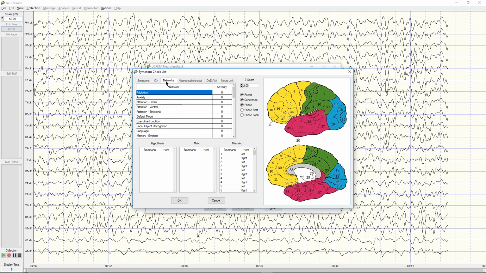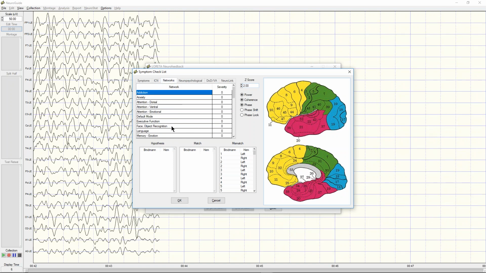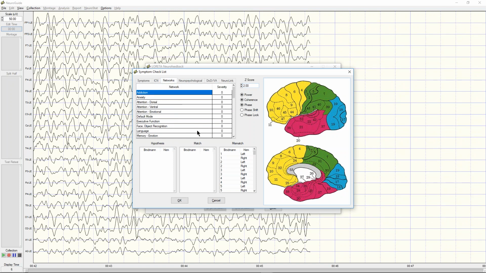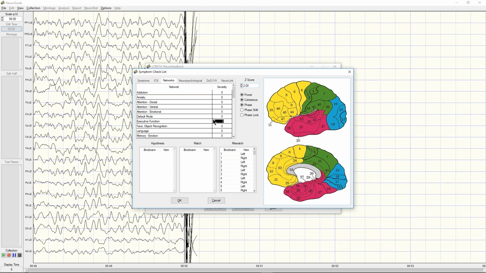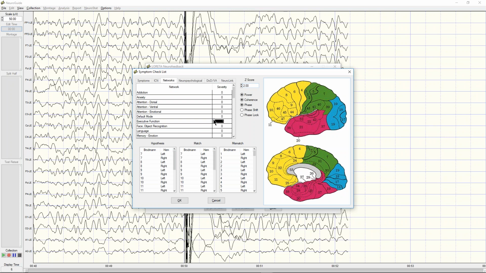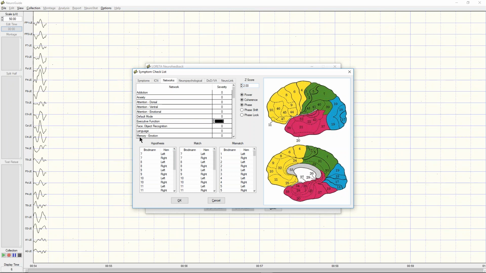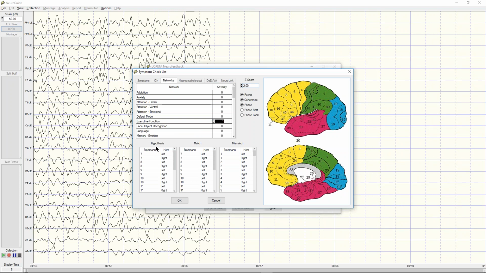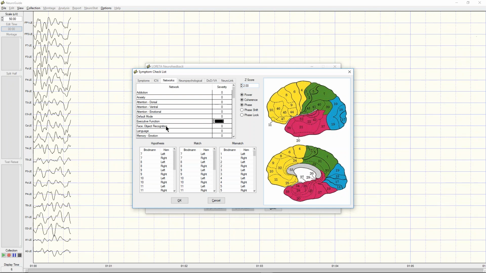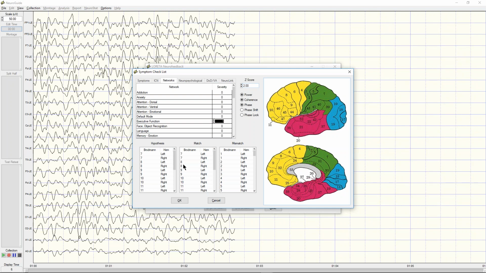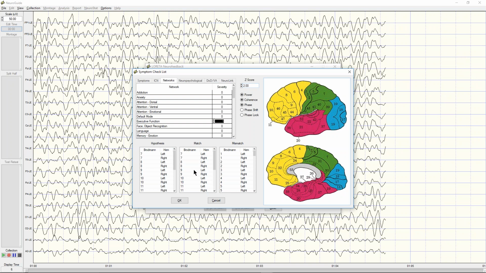Well, maybe I want to target the networks instead. And I know that this person has some problems with executive function. So I'm going to choose that, and I'm going to increment that by 1. Based on the findings from the symptom checklist match file and this choice, these are the findings that I would get.